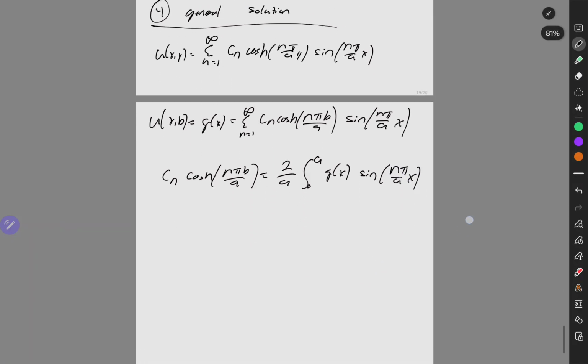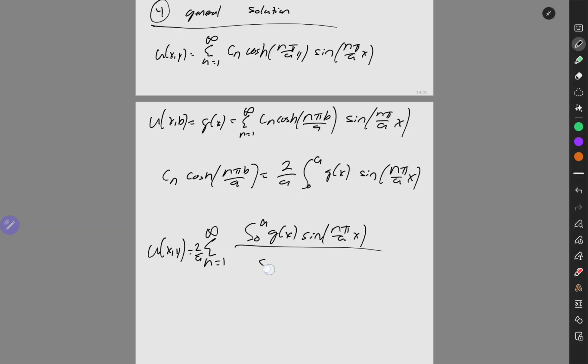So then the solution, u of x,y is going to be the summation n equals 1 to infinity. I'm going to pull out this 2 over a. I think I can do that. Don't see why not. So then this is all of this over this.